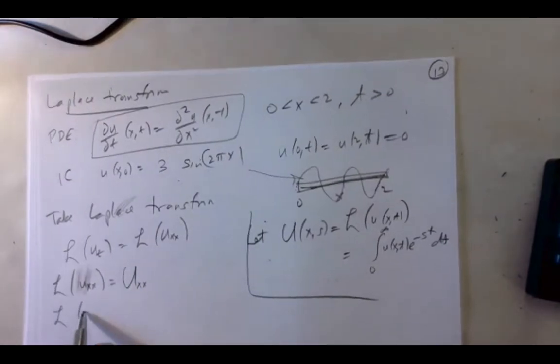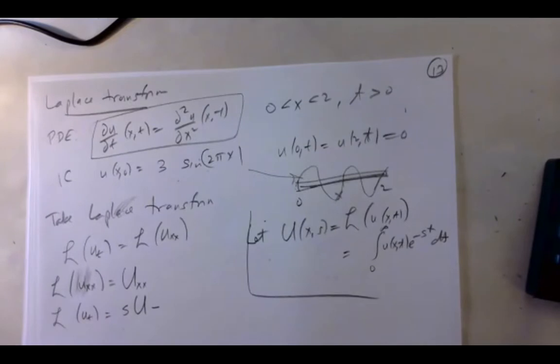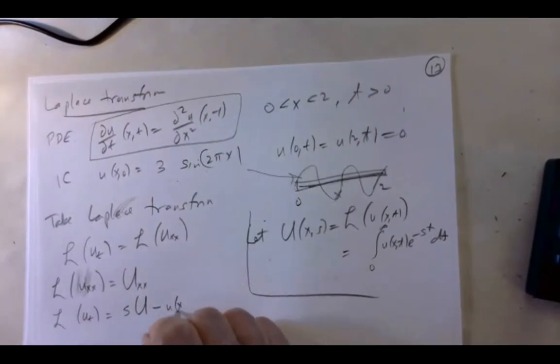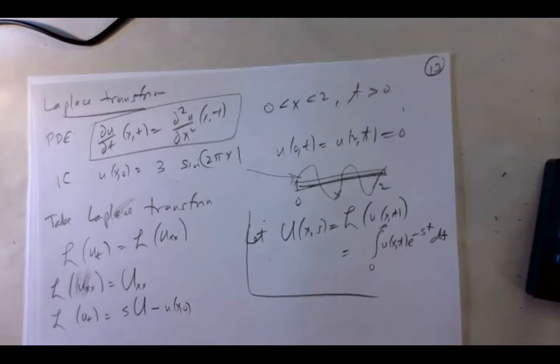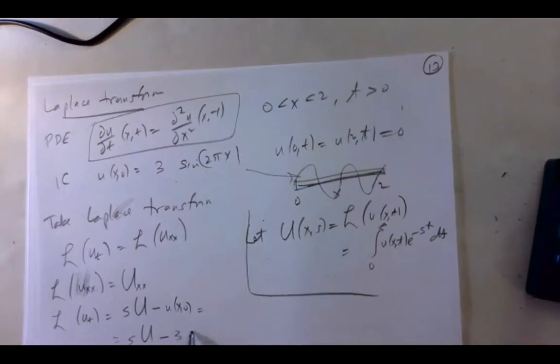And if we differentiate with respect to t once, we get sU minus u of x, 0. That's sU minus 3 times the sine of 2 pi x.